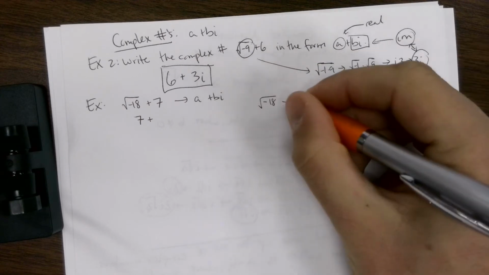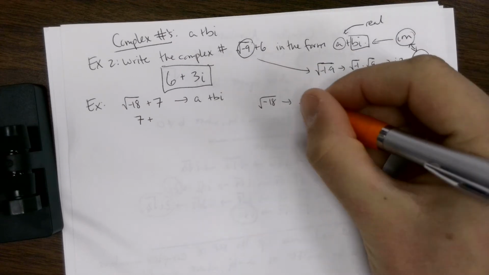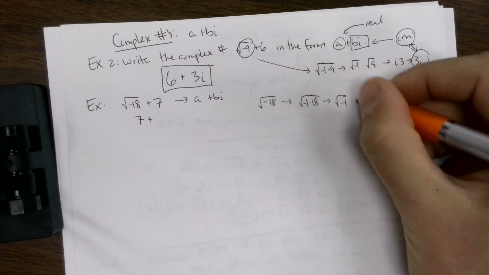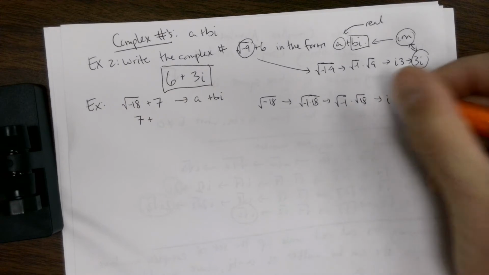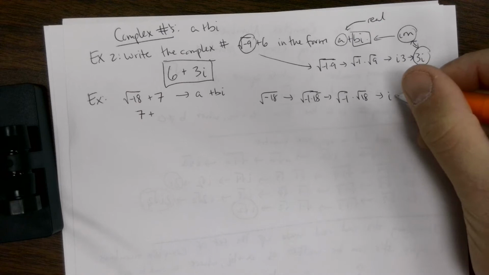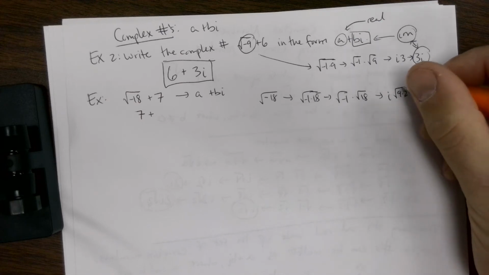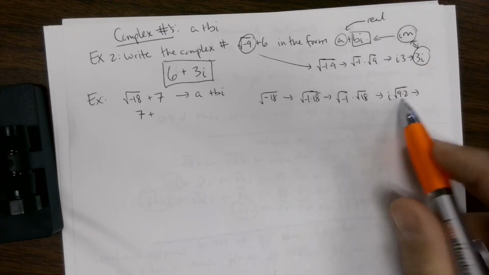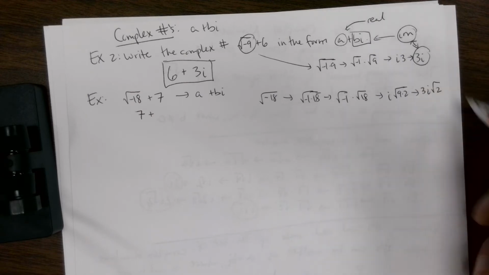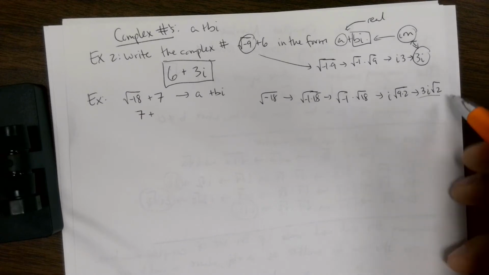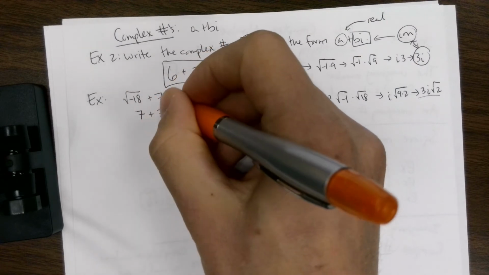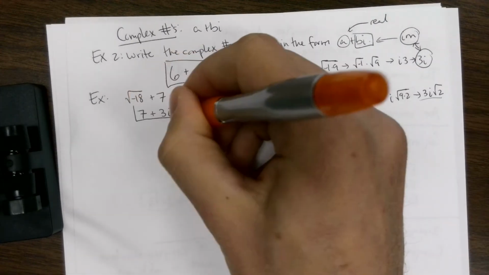The square root of -18 breaks out into the square root of -1 times the square root of 18, which becomes i. And then root 18 goes into 9 times 2. The 9 I can pull out, that becomes 3i root 2. So this is my imaginary part, so I'm going to pull it back here: 7 plus 3i root 2. There's the answer for that one.